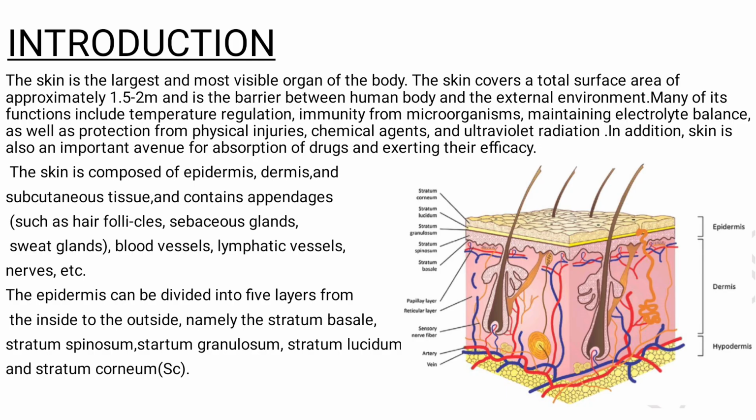In addition, skin is also an important avenue for absorption of drugs and exerting their efficacy. The skin is composed of epidermis, dermis and subcutaneous tissue and contains appendages such as hair follicles, sebaceous glands, sweat glands, blood vessels, lymphatic vessels, nerves, etc. The epidermis can be divided into 5 layers from the inside to the outside, namely the stratum corneum, stratum basale, stratum spinosum, stratum granulosum, stratum lucidum.